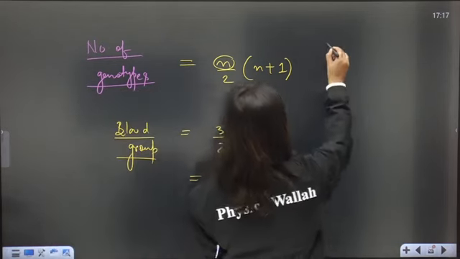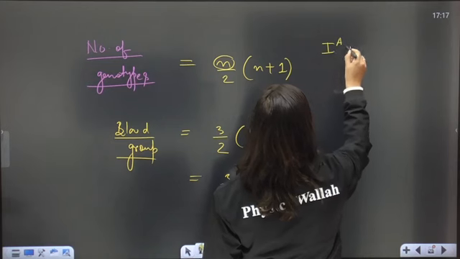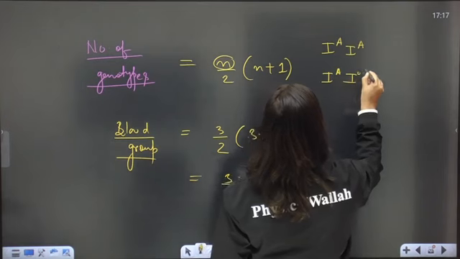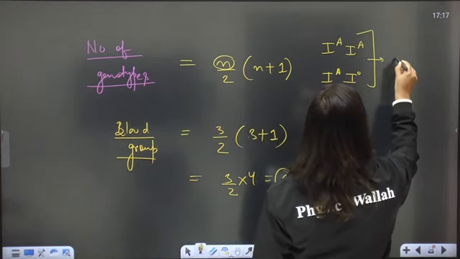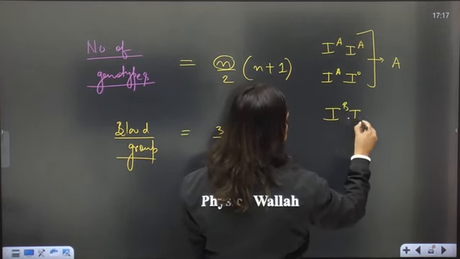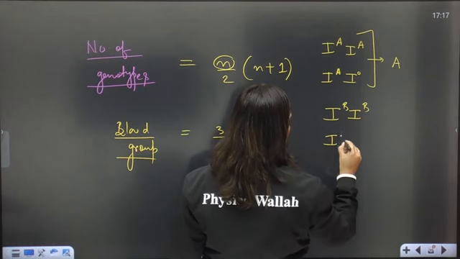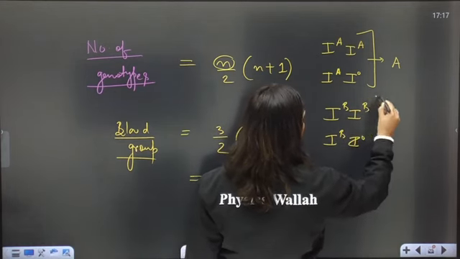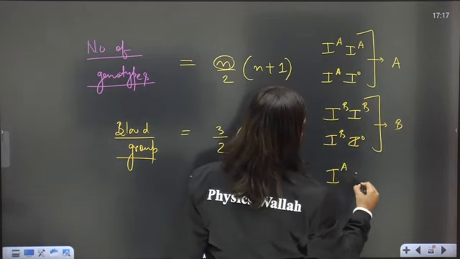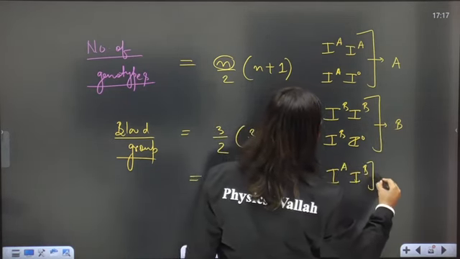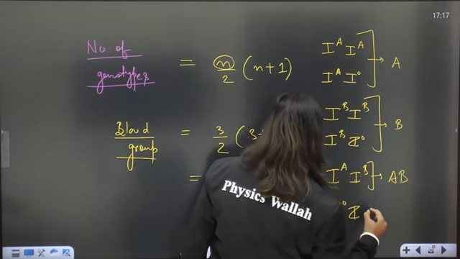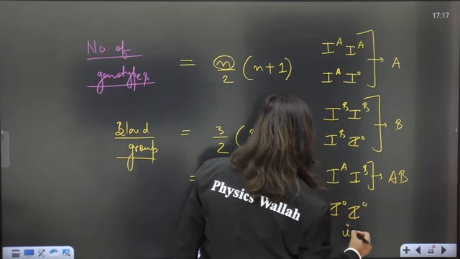And what are they? IA IA and IA IO are the genotypes of a person with blood group A. Then IB IB and IB IO for blood group B, then IA IB, and then IO IO, or simply ii.